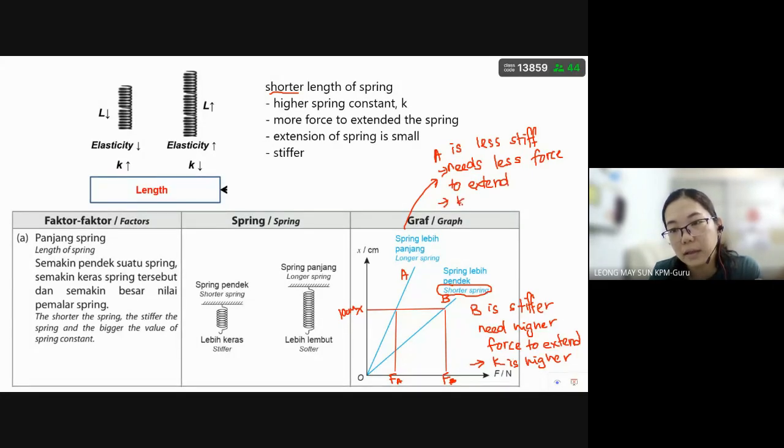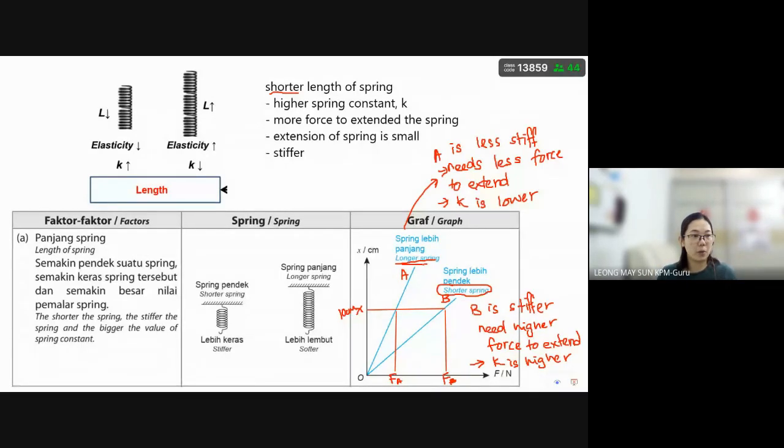So when the force is less, the spring constant is lower. And in terms of length, lower spring constant means longer spring. Okay, so I hope I'm teaching you guys how to conceptually answer spring questions already. Better screenshot that before I go to the next slides.